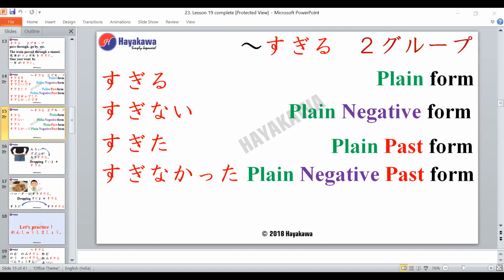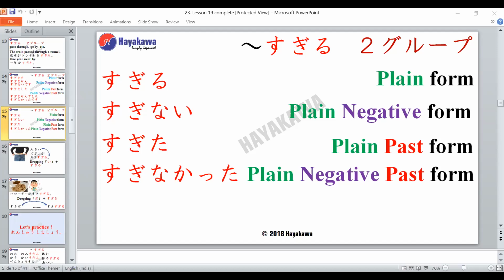So sugiru, we have the plain form, right? The jisho form or the plain form is sugiru. The plain negative form will be suginai. Very good, Siddhartha. The plain past form will be sugita. Very good.